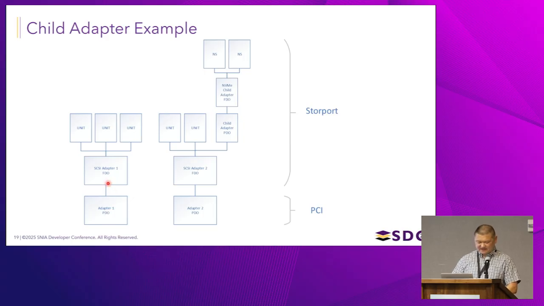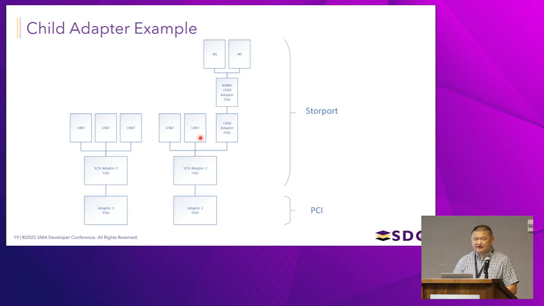You have a PDO to FDO one-to-one, and then as part of the FDO, it can have one or more child. In this case, I am modeling a SCSI-based stack where an adapter can have multiple logical units.